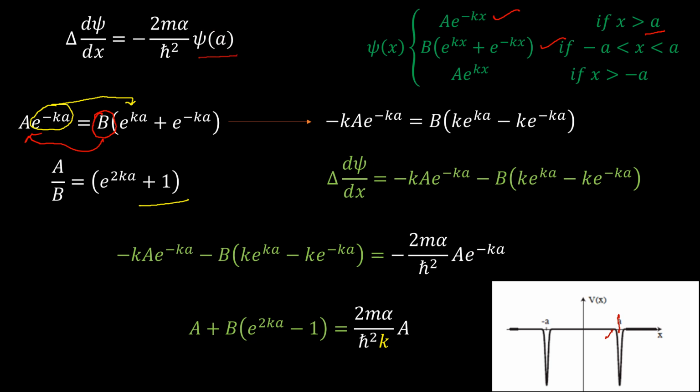What is at boundary? Psi of a is equal to A e power minus ka, because x is equal to a. Now you divide both right hand side and left hand side by minus k e power minus ka.